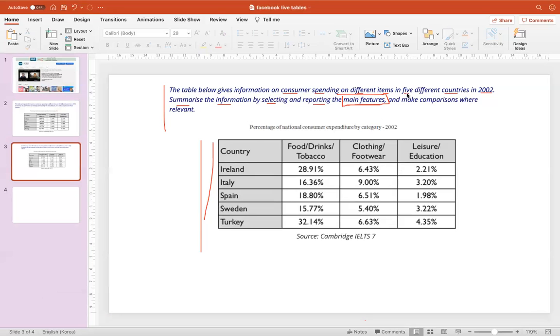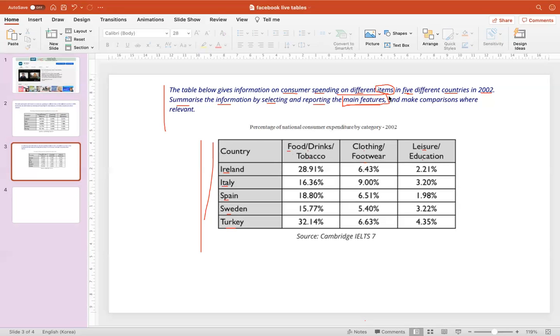We heard that it's 5 countries. What are the 5 countries? The countries are Ireland, Italy, Spain, Sweden, and Turkey. Okay, these are the 5 countries that we're talking about today. And what are the items? These are the items: food, drinks, tobacco, clothing and footwear, leisure, and education.